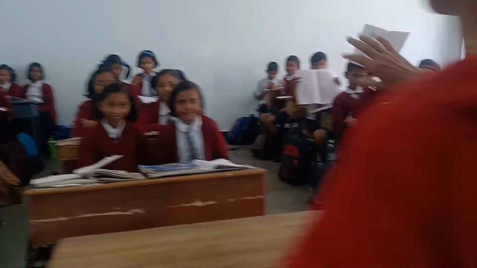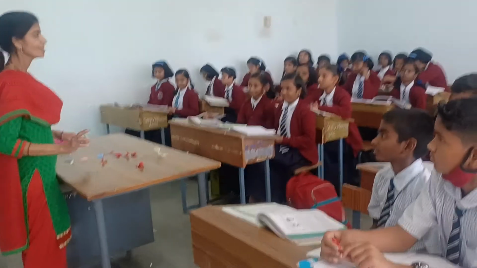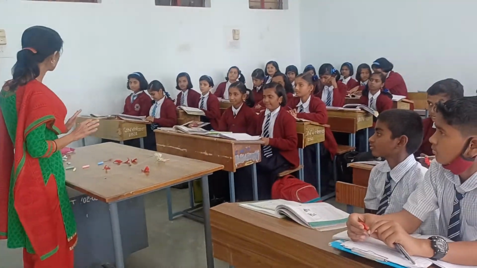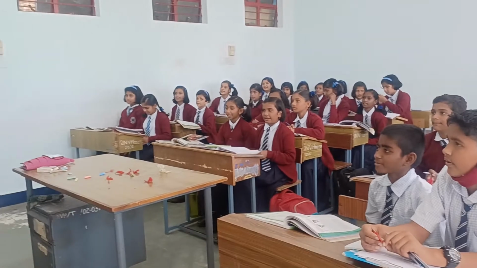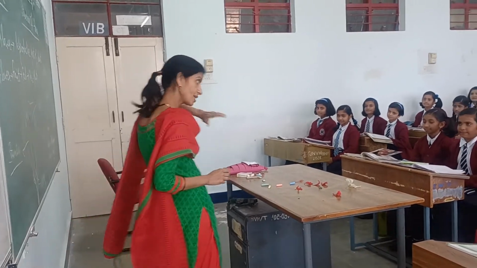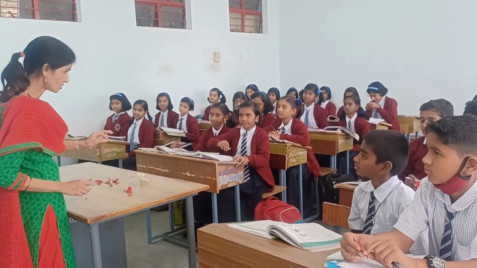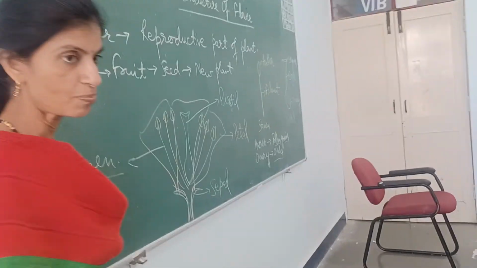Yes, students. So now you have understood in this class the structure of a flower. Now let me tell you the function also of different parts. So stamen, I have told you, is the male reproductive part.